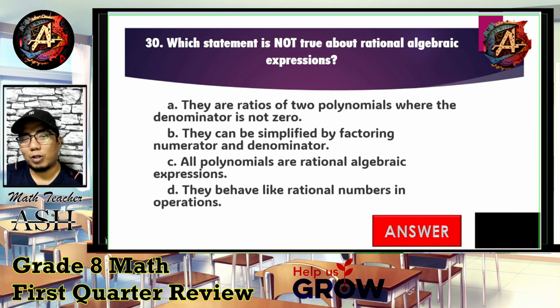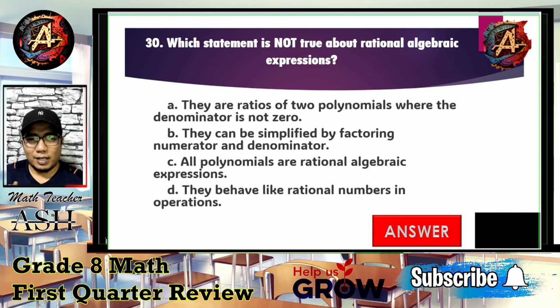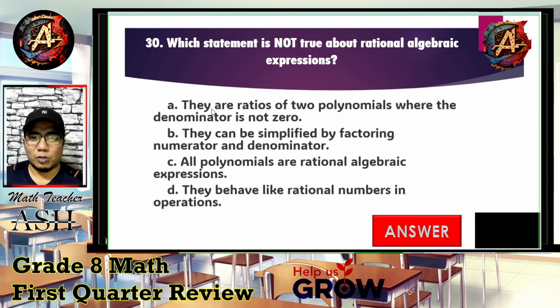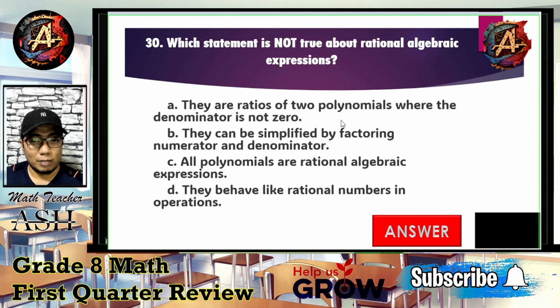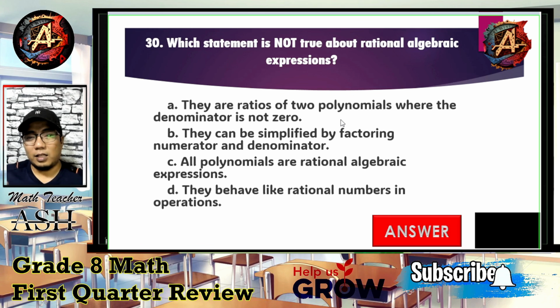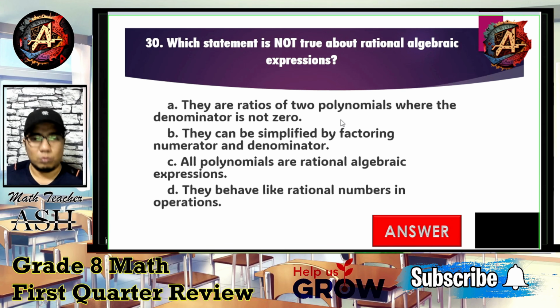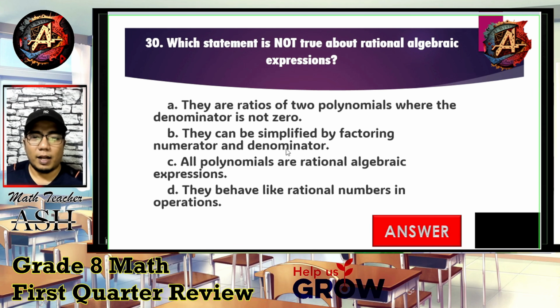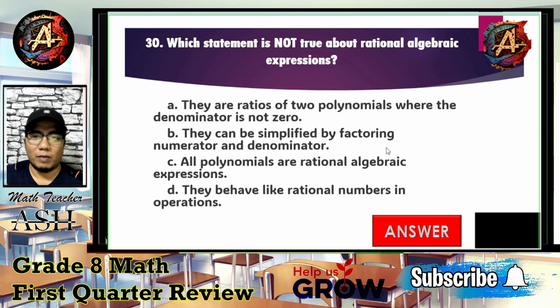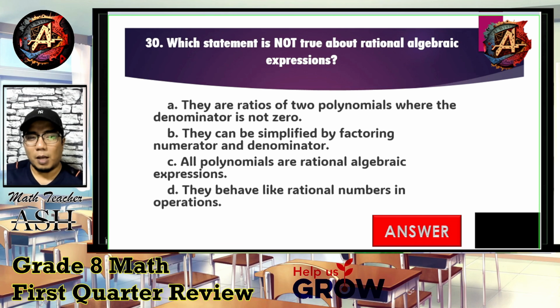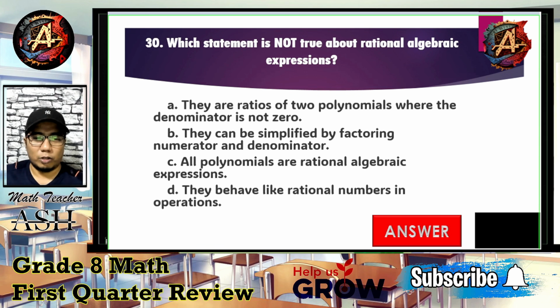Okay, my dear math learners, in answering this question, we are finding the false statement. Letter A is a true statement because in dealing with rational algebraic expressions, the denominator should not be zero. So that is correct. Letter B, of course, if you have a ratio, it can be simplified to lowest terms by factoring the numerator and denominator.